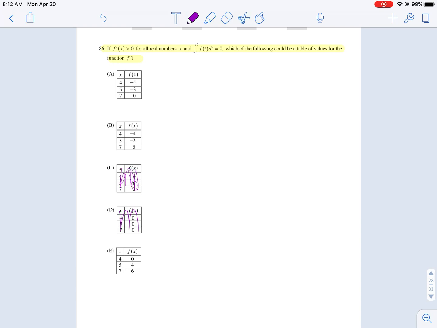Then, since the integral value is 0 between 4 and 7, that means the net area is 0, which means the graph had to be below the x-axis at some point and then above the x-axis. And so I had to do something like this in general.